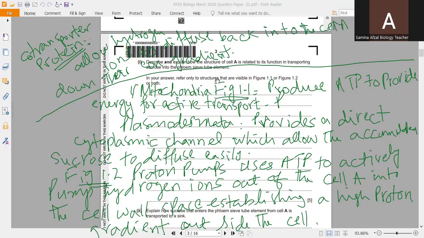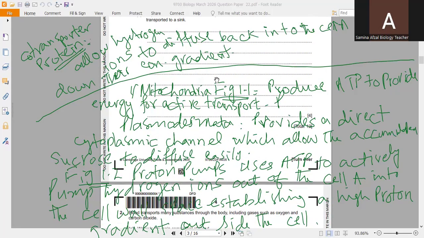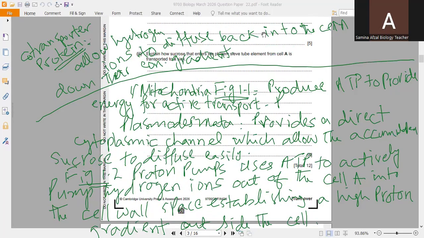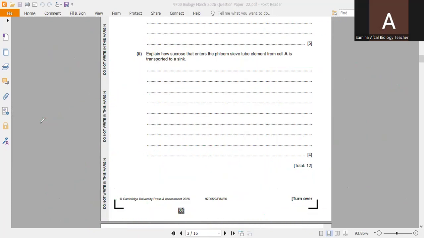Now, the next question is, explain how sucrose that enters the flowing sieve tube elements from cell A is transported to a sink. You know that the transport of sucrose to a sink takes place by the mass flow mechanism.